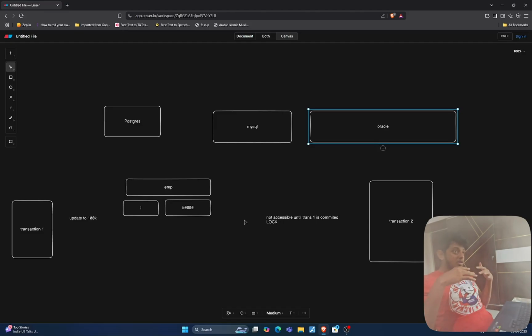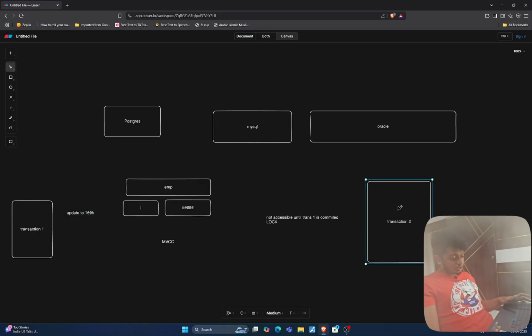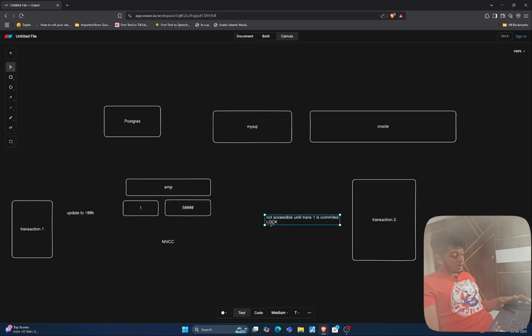That is one scenario. To counter this, what we have in Postgres is MVCC, multi-version concurrency control. For Postgres, the way this works is, for example, the update transaction is going to 100K, and transaction 2 wants to read. This will not be locked in MVCC, and you can perform the read.